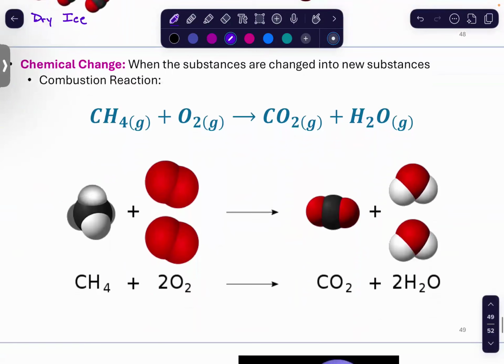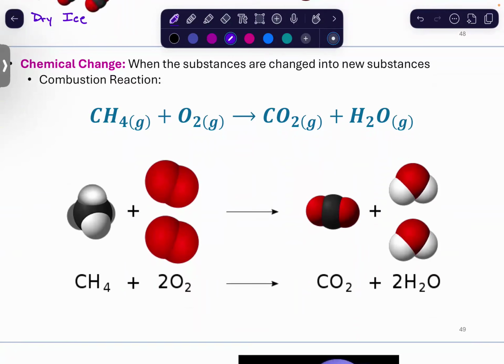But chemical changes will actually change the substance. And so here, of course every phase, every state is gas, but this is called a combustion reaction, where you have a compound mixed with oxygen. And in this case, your combustion is of a hydrocarbon. So you see your CH4. CH4 is the chemical formula for what we call methane. Again, you'll get used to these names as we go along.